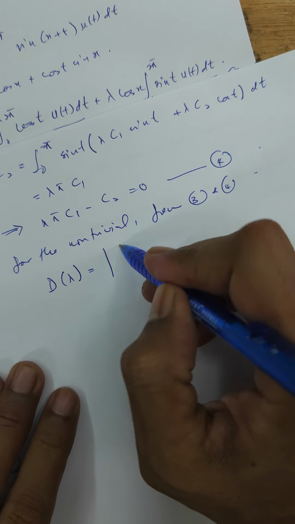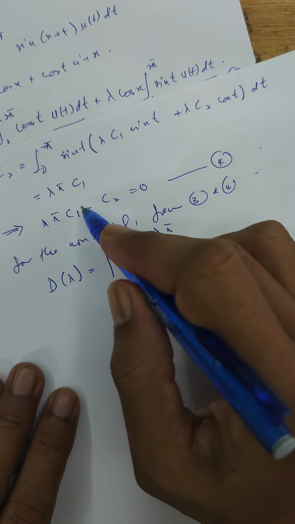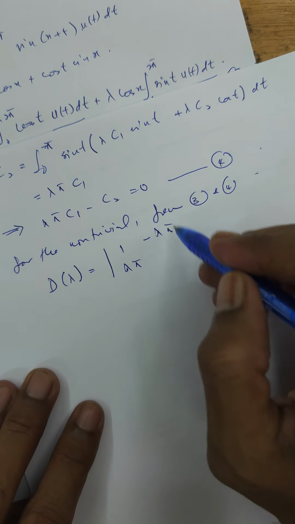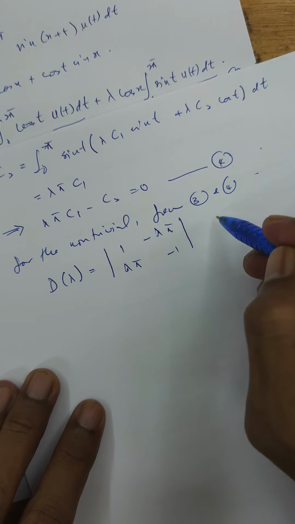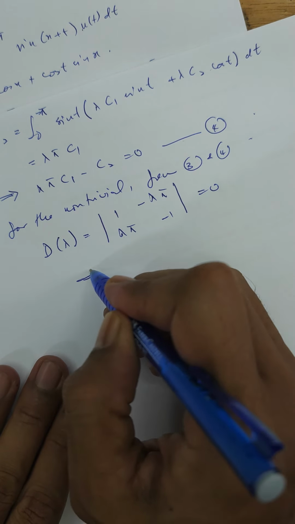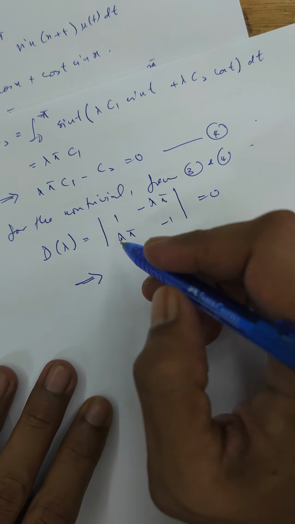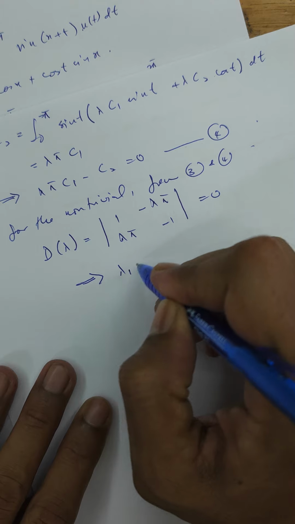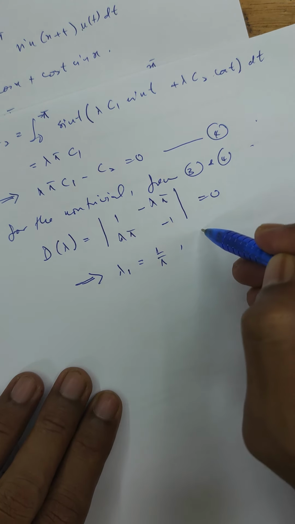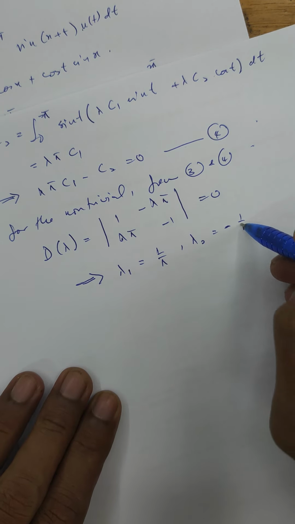So we have 1 minus lambda pi, this one we have lambda pi and minus 1, that equal to 0. And from here we can find lambda 1 is equal to 1 over pi, and lambda 2 equal to minus 1 over pi.